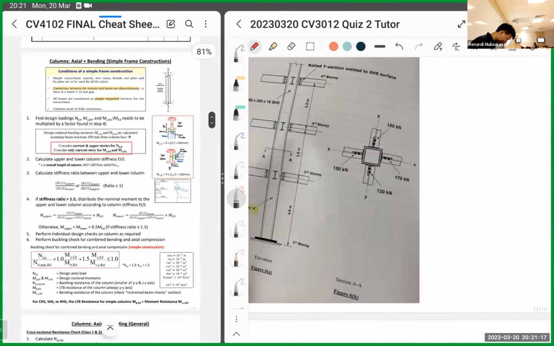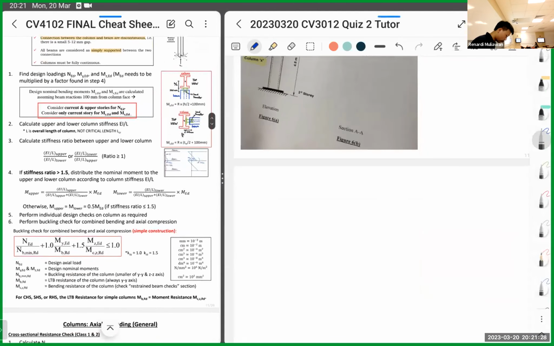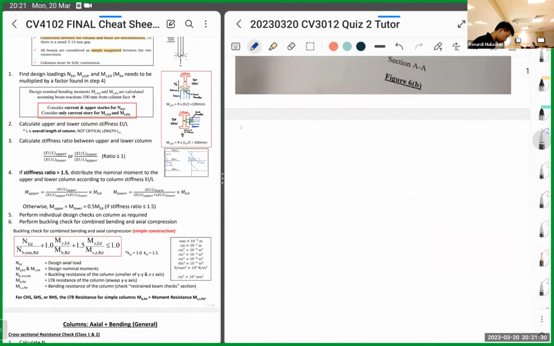This is the page that you should have. Remember, for a column, we need to test three things: the buckling resistance, axial buckling, moment, and LTB.